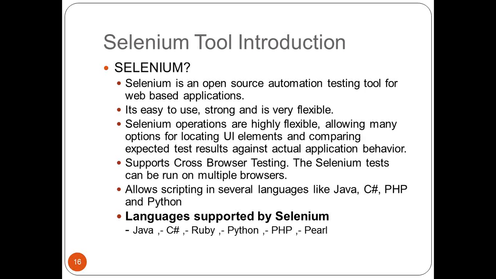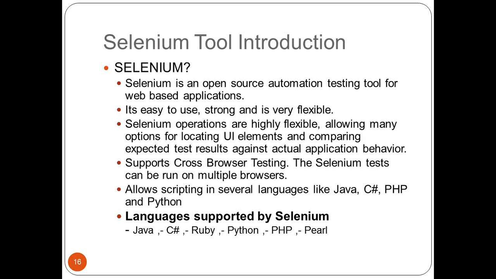We have a lot of options for locating the elements. We will talk about what an element is and how to locate it. It supports cross-browser testing. In any web application testing, cross-browser testing is one of the most wanted. We have to verify whether my application will support all the browsers or not.